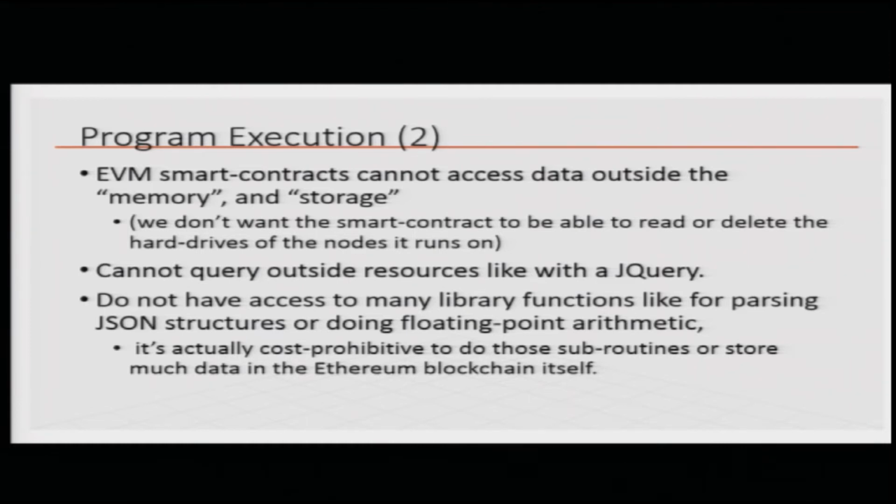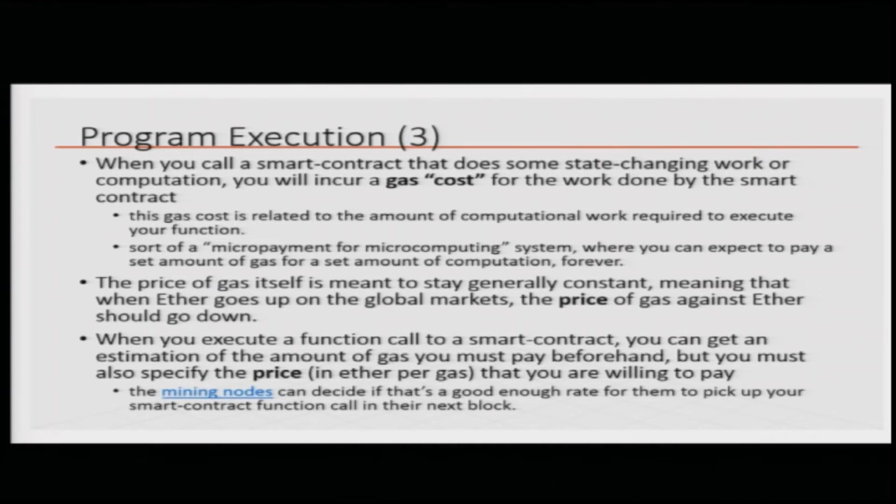And the one thing about the gas is that because of this limited amount of gas that you put up upfront, that you are willing to spend, infinite loops are not possible, because eventually you will run out of gas. So, when you call a smart contract and it does state changing work or computation, you incur gas cost, as I said, and the gas cost is related to the amount of computational work that is required to execute the function.